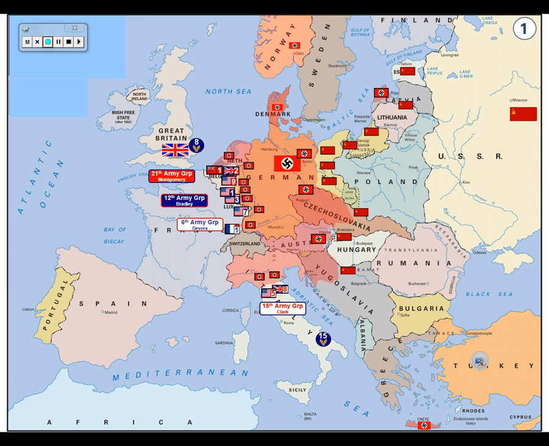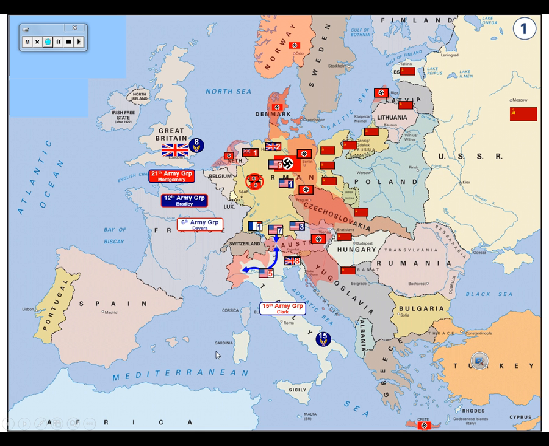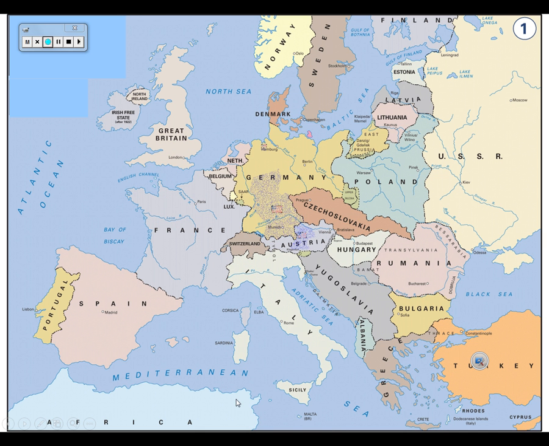Soviets getting closer. United States getting to the Rhine. George Patton famously urinating in the Rhine River. Just outside of Berlin, Mussolini is going to be captured and murdered, and Hitler will commit suicide a couple of days later.